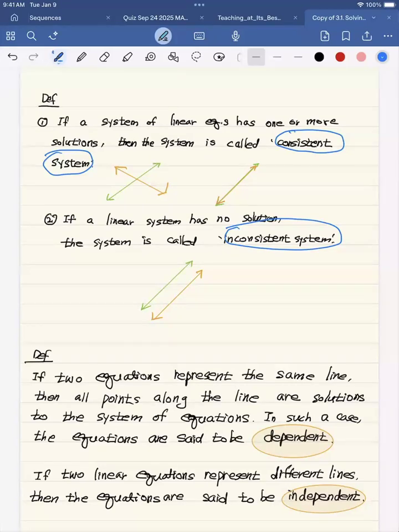Then that creates two parallel lines and they will never meet. So there is no solution for the system of linear equations. In that case, we say that the system is an inconsistent system.